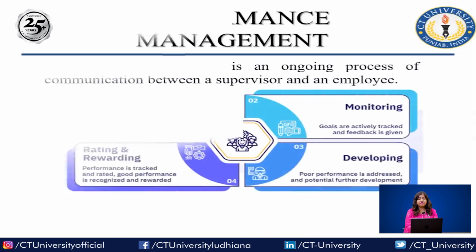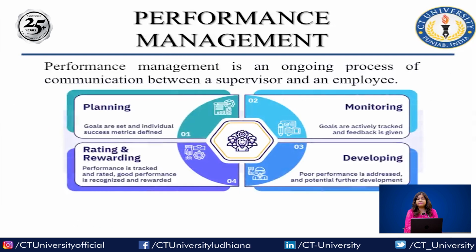Next we have how we are going to do performance management in the organization. Once you have trained and developed the employee, we are going to keep a proper check on the performance of the employees in the company, how they perform and how we manage their performance. So performance management is basically an ongoing process of communication between a supervisor and an employee.